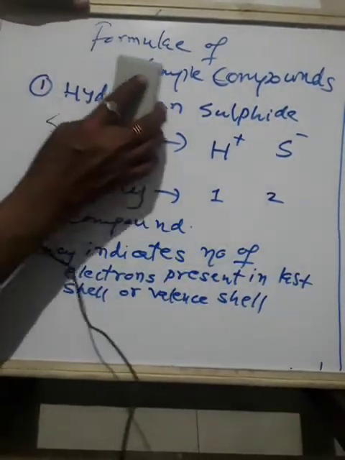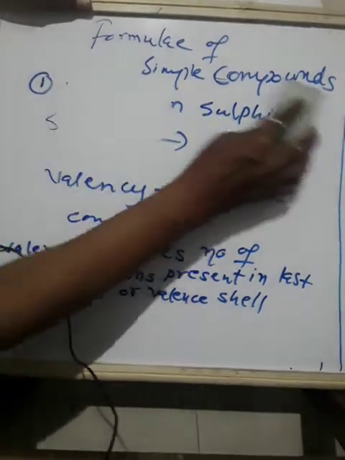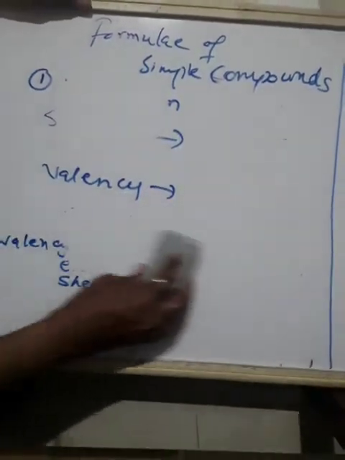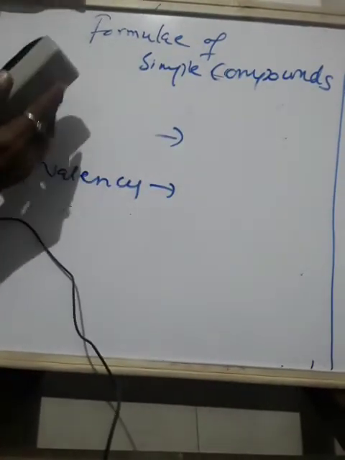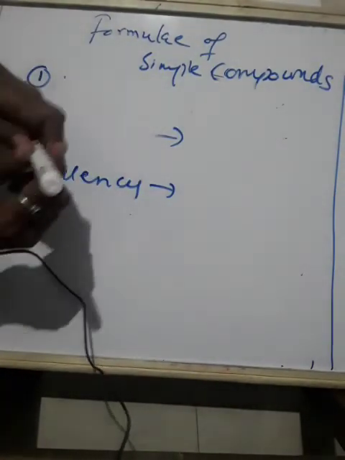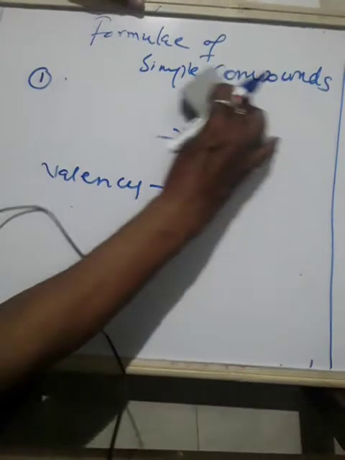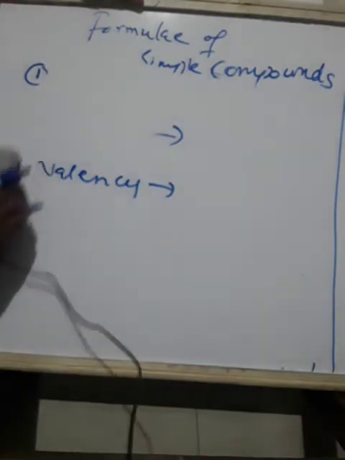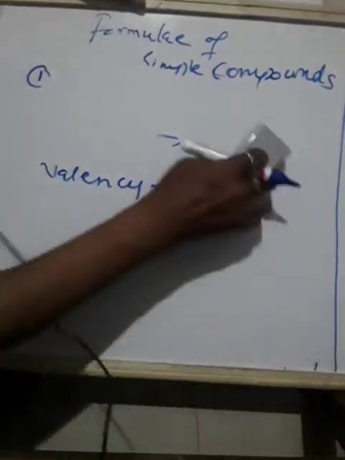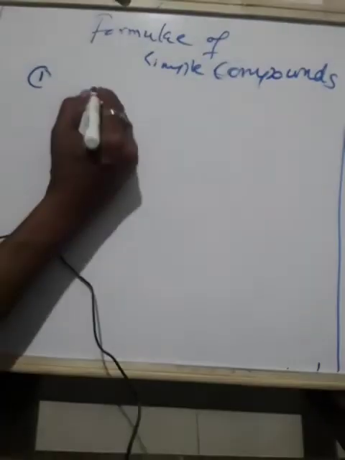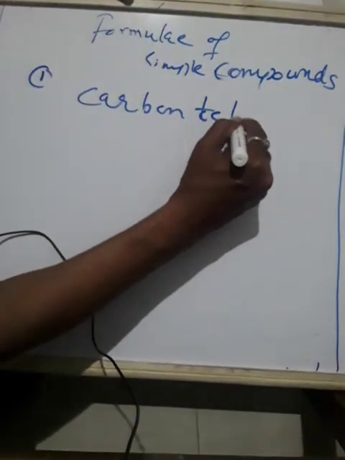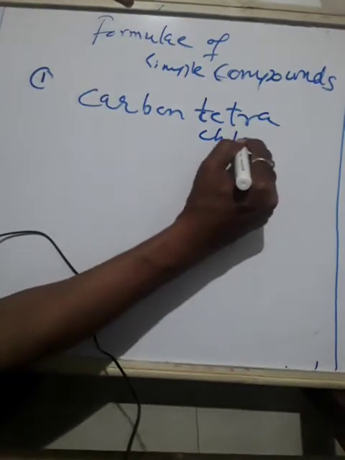Okay. Now the next compound we will write: formula of carbon tetrachloride.